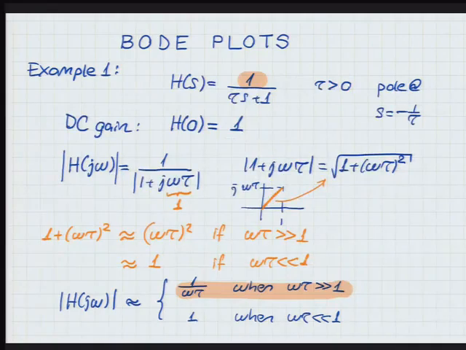It was one single pole, with DC gain equal to 1. Example 2, I'm going to make it a single 0 instead. We're not going to have to do much work here because it's going to look very much like the pole example. So in example 2, we're going to assume we have a single 0, nothing else: tau s plus 1.